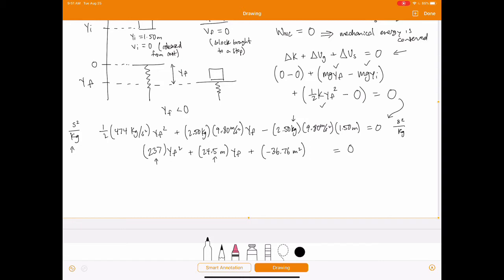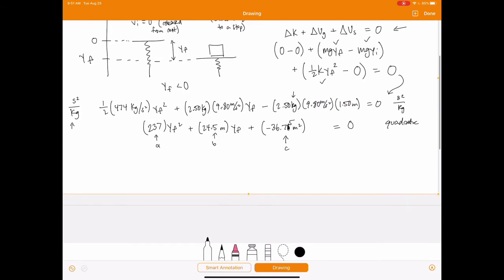Okay, so this is a quadratic expression where the A term is 237, the B term is 24.5 meters, and the C term is minus 36.75. Oops, that should be a 5. Meters squared.